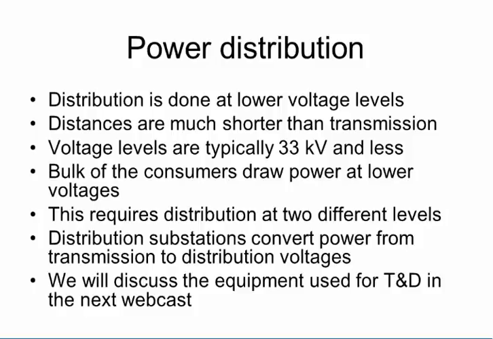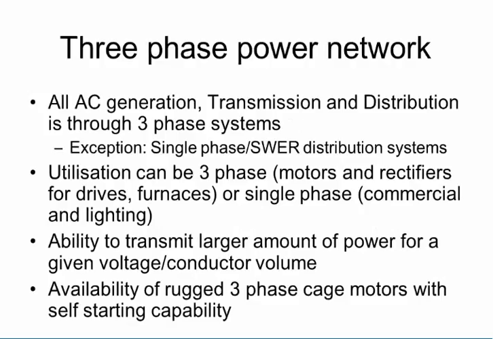Then once it gets closer to the point where it needs to be used by the consumer, it is stepped down and then becomes a distribution level. Okay, and they're typically at 33 kV and less. And it then goes through another series of step down transformations, which can then be delivered to the end user.